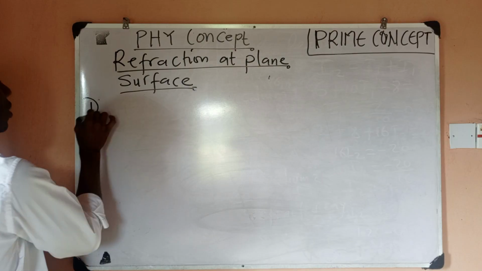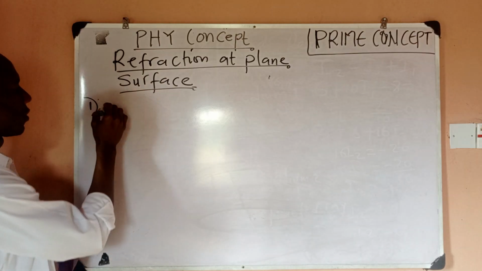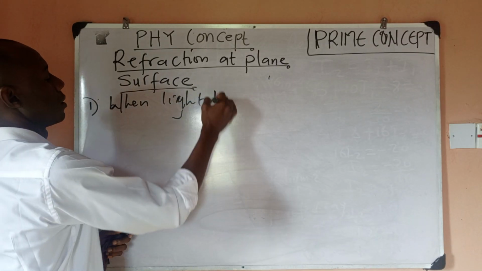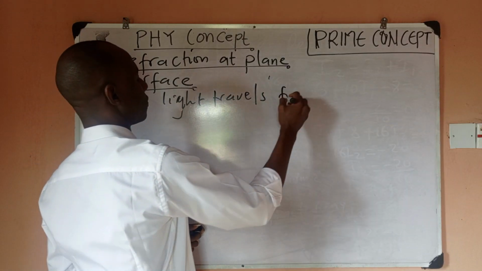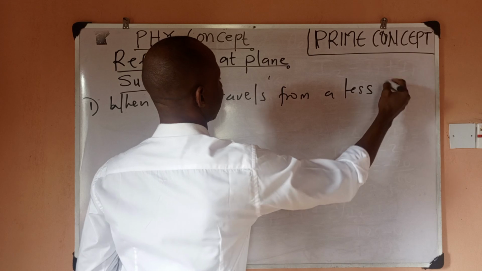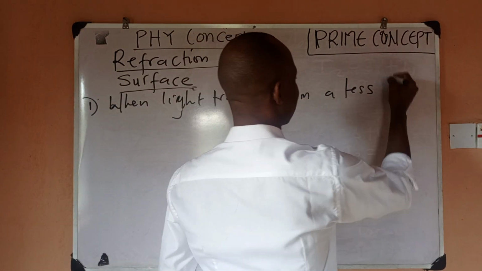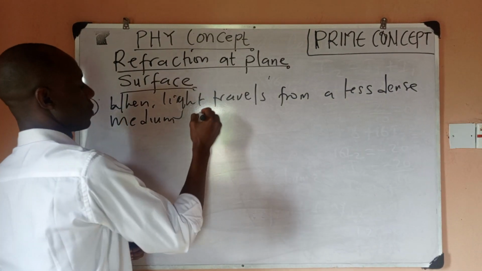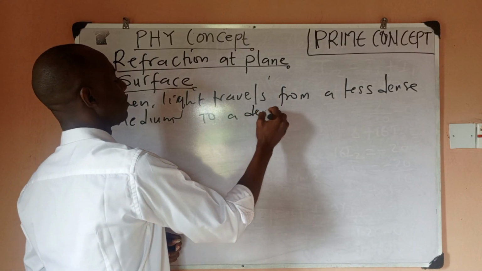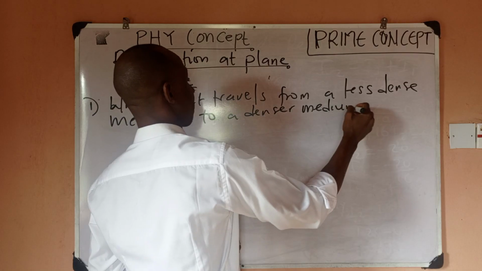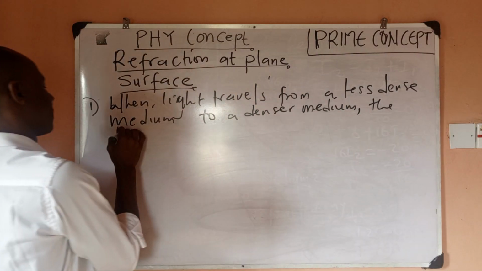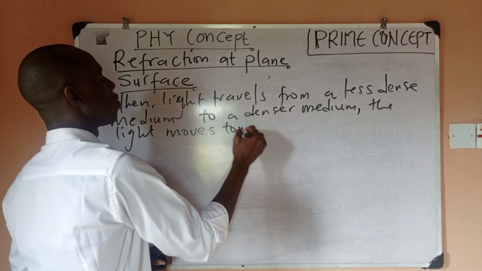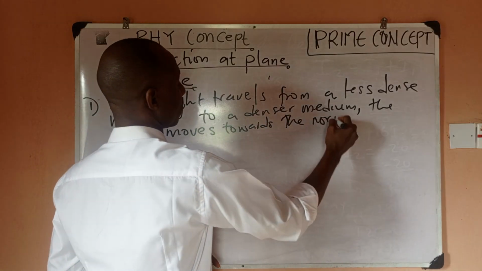Now, the first condition occurs when light travels from a less dense medium to a denser medium, the light moves towards the normal.